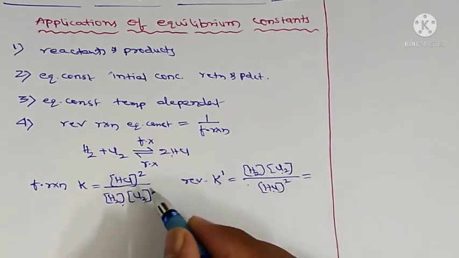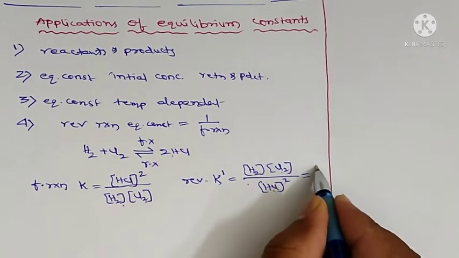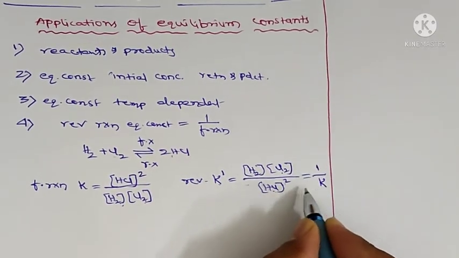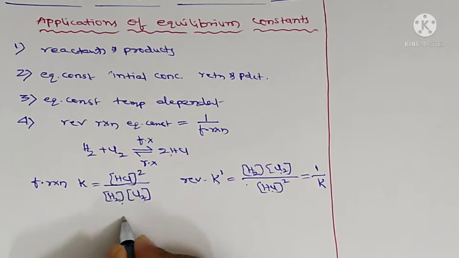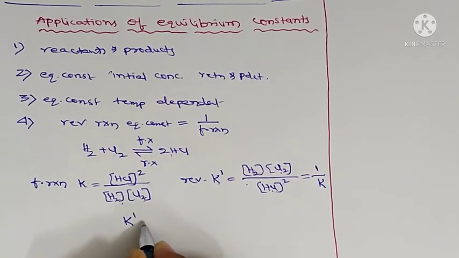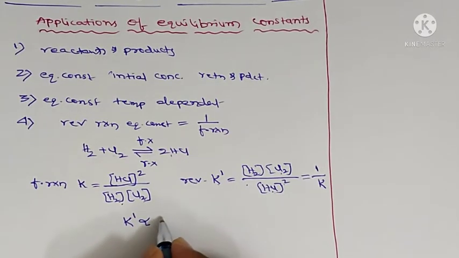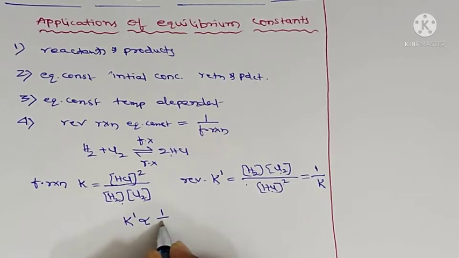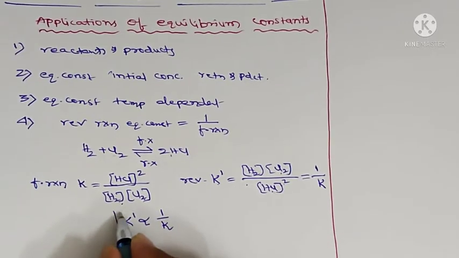So it is the reverse of this one, and we can take 1 by K. So the reverse reaction equilibrium constant is the inverse of the forward reaction, 1 by K.